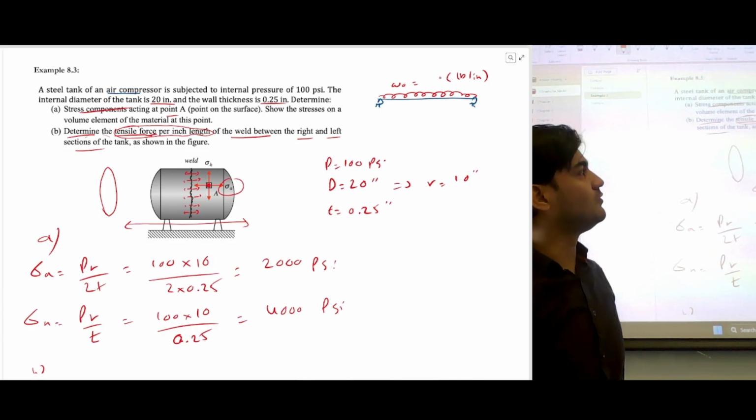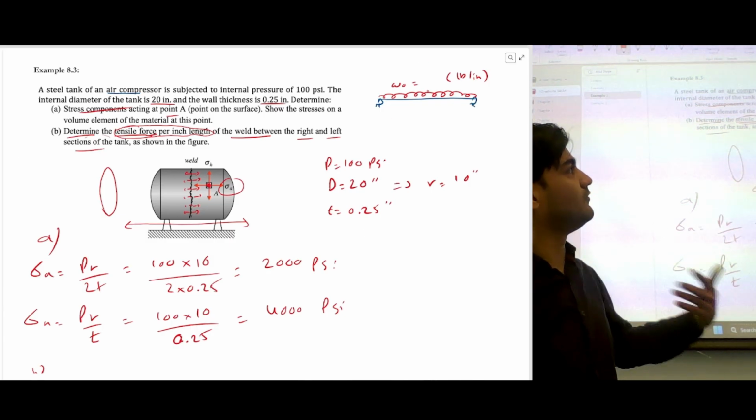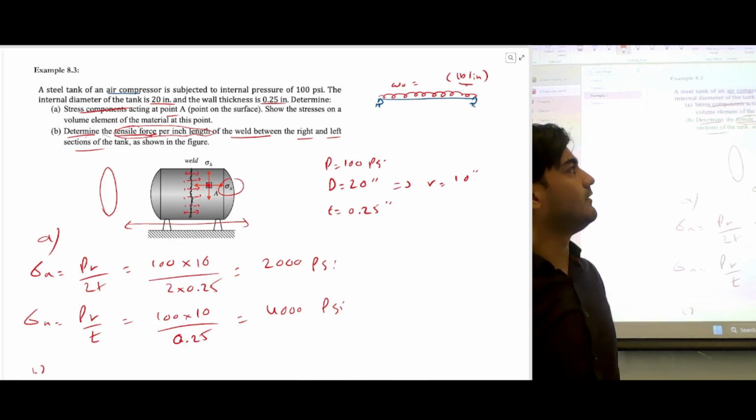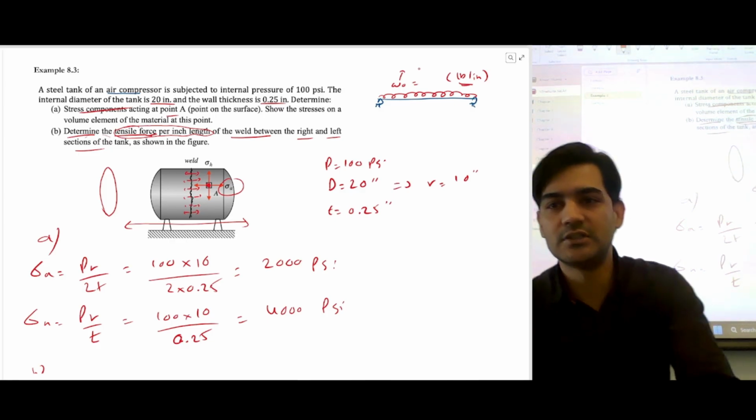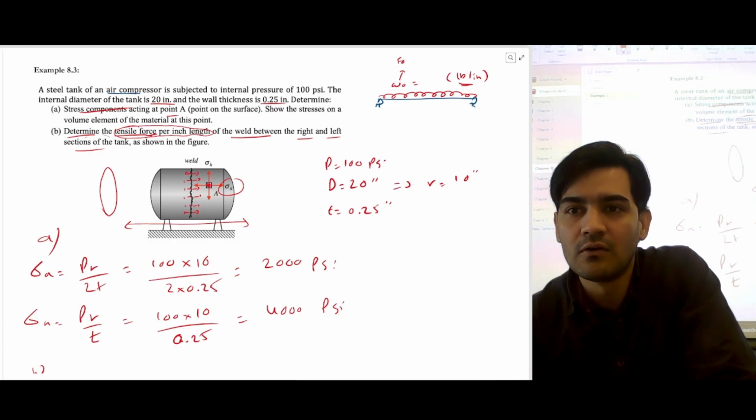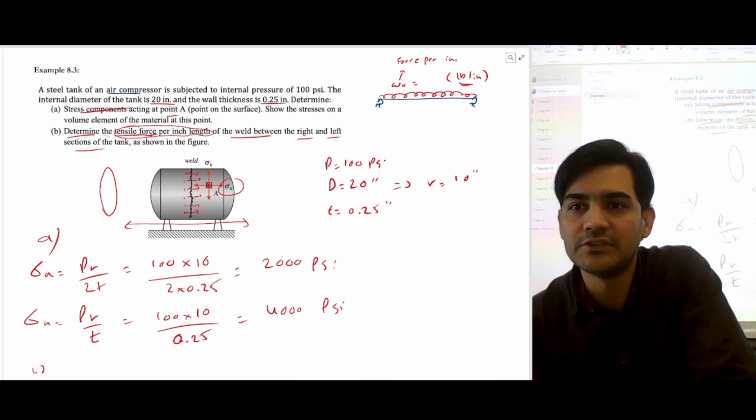Whenever I gave you some value of uniformly distributed load, I gave it in terms of pound per inch. This W is actually called force per inch length.